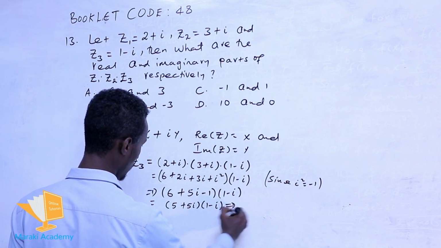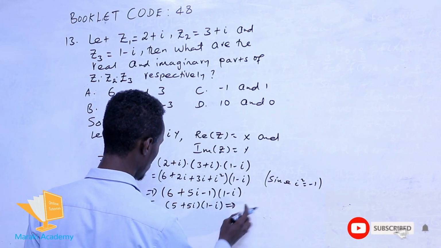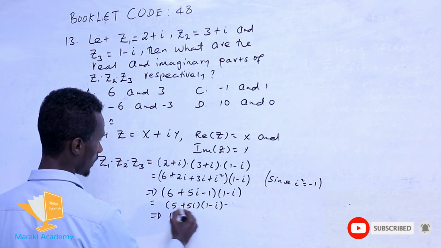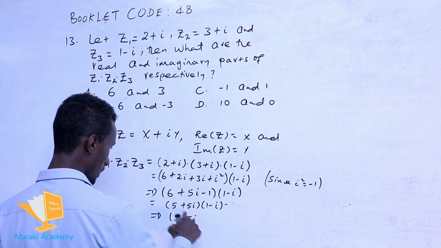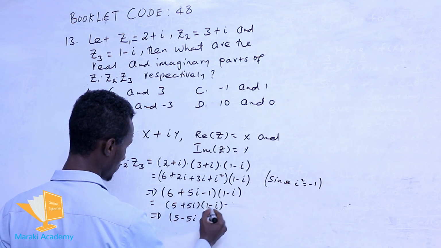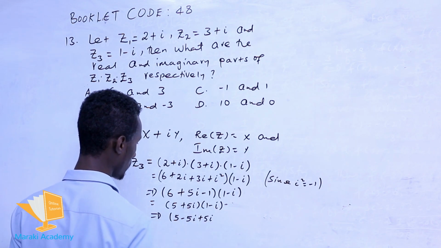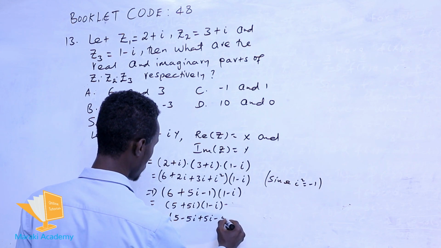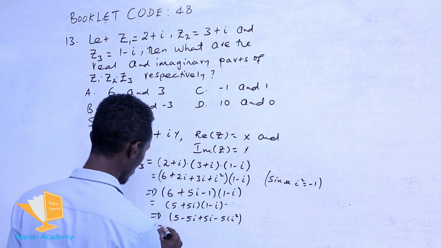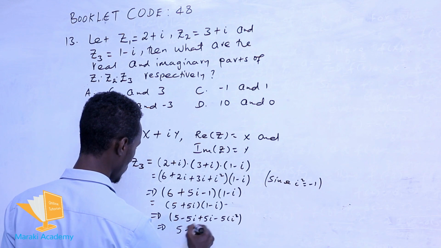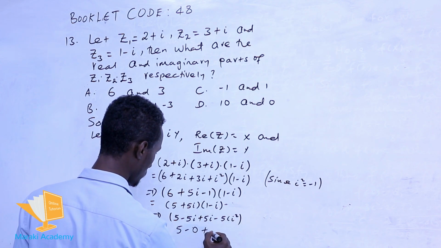When you multiply this again, 5 times 1 is 5, 5 times minus i is minus 5i. Now again 5i times 1 is plus 5i. 5i times minus i is minus 5 i squared. Since i squared is minus 1, this implies 5, and we can cancel this out, this becomes 0. Here we have i squared, so it becomes plus 5.